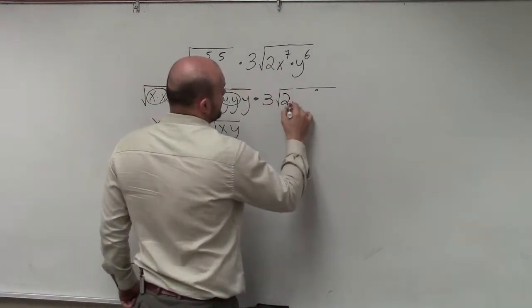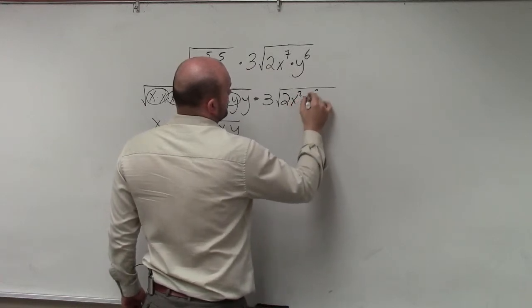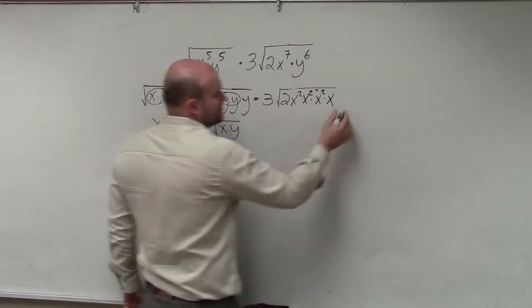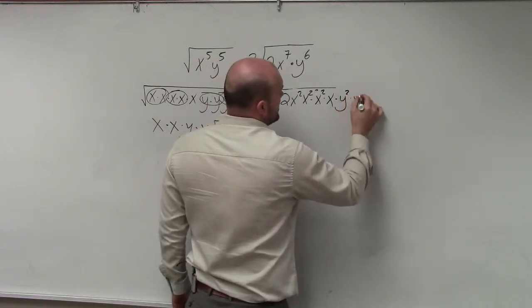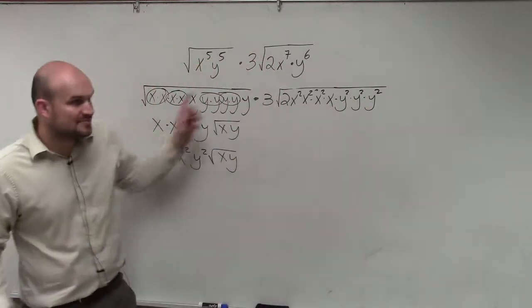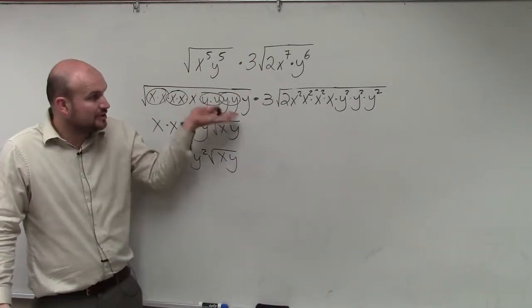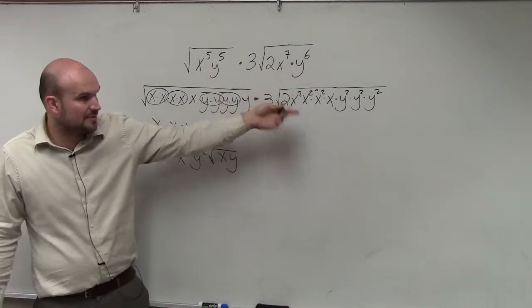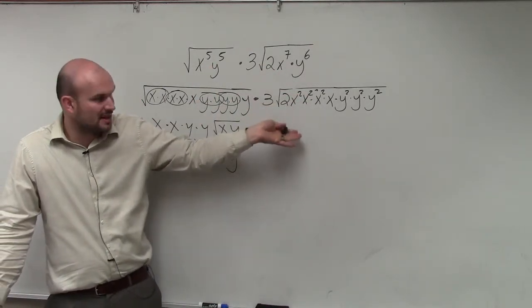And then y to the 6th can be broken down into y squared times y squared times y squared. Now, I'm simplifying these separately, but you can do it either way. I'm just doing it a different way so you guys can see how it works.